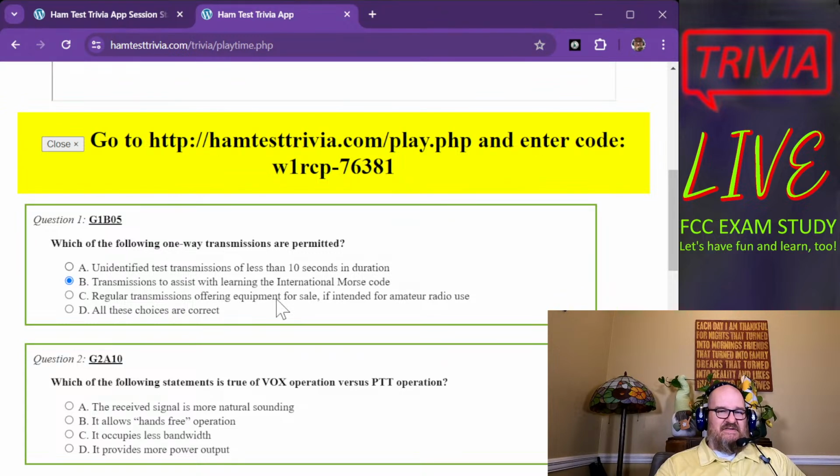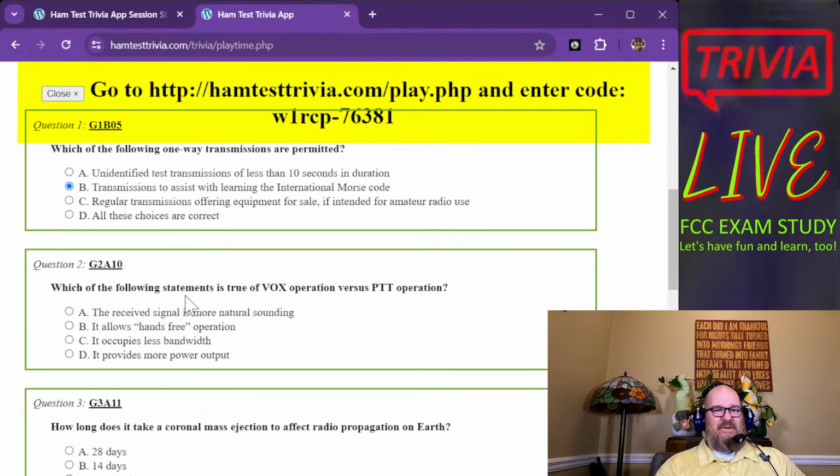Not if it's regular. That sounds like a business, and we can't make money with amateur radio. So we're going to go with assist learning Morse code, which probably means that it's going to be awful anyways. Good luck getting your call sign out while you're learning.